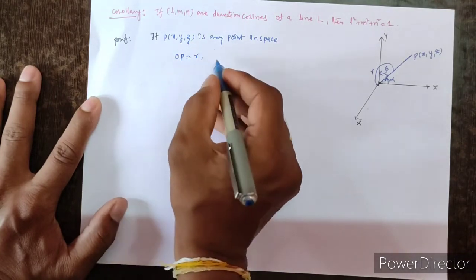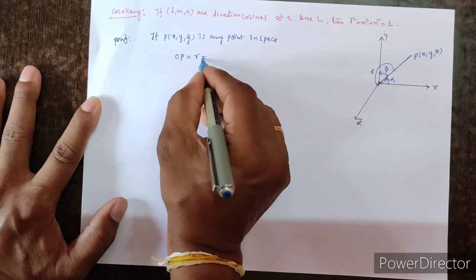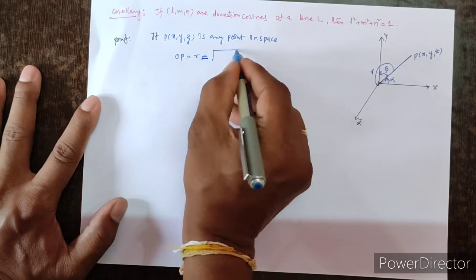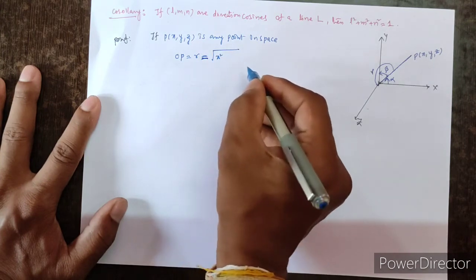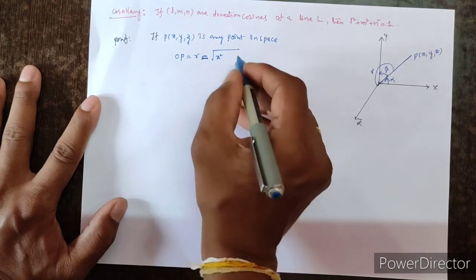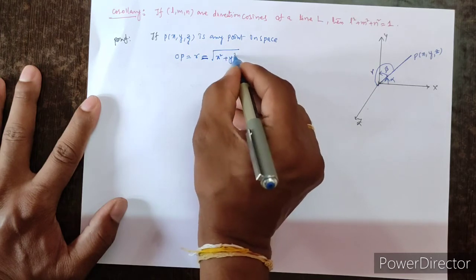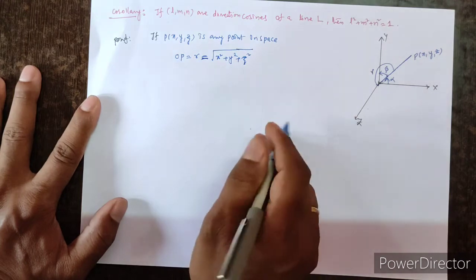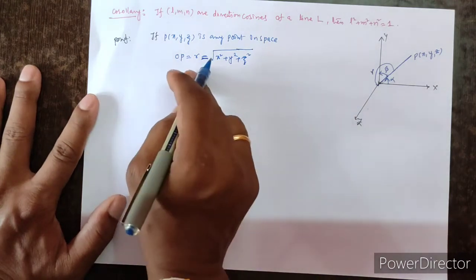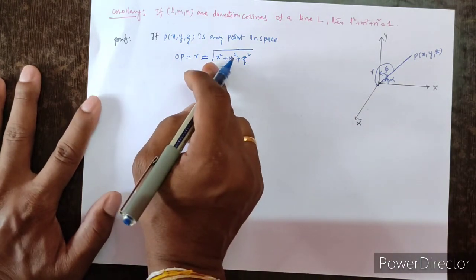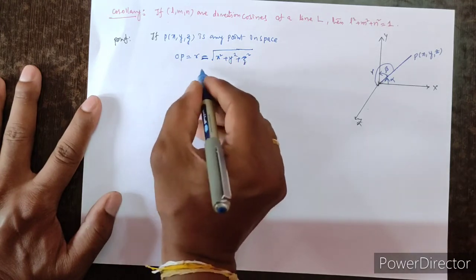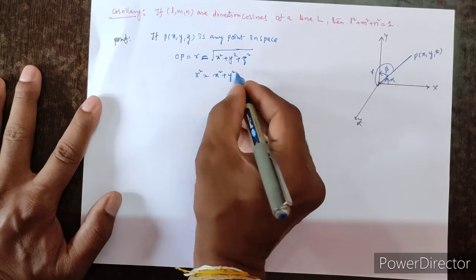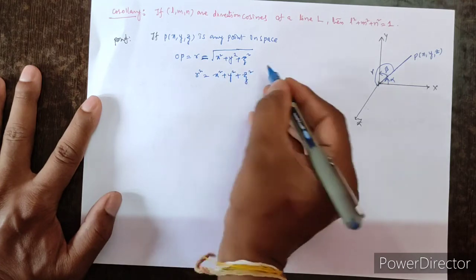R. That R we can find; it is nothing but the distance from the origin to the point, root of x square plus y square plus z square. This is OP equal to R, the distance from the origin to the point P. So R square equal to x square plus y square plus z square.